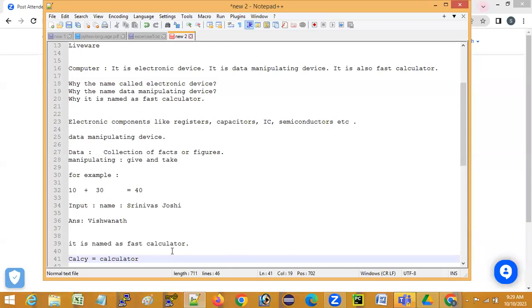Whenever you are using a calculator, how many answers are you going to get at a time? Is it possible to get more than one at a time? Are you able to get more than one answer at a time?